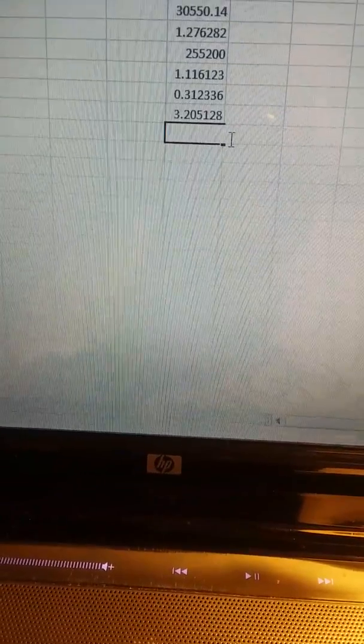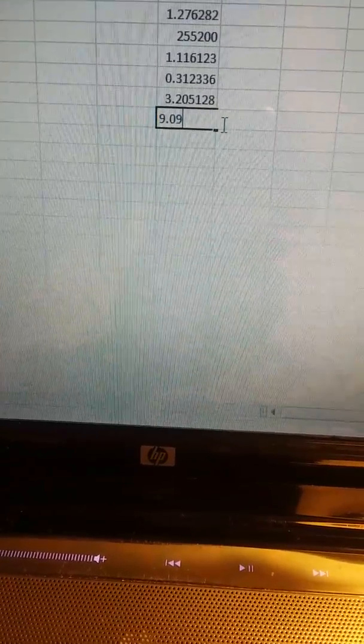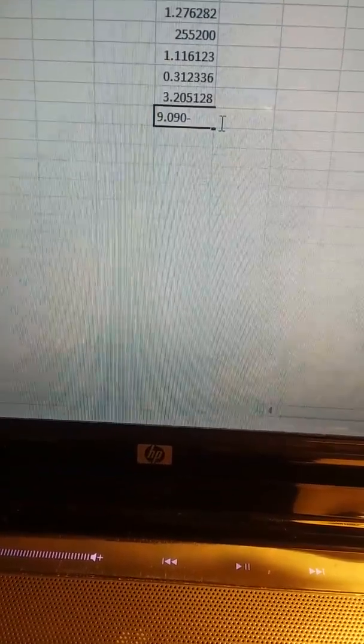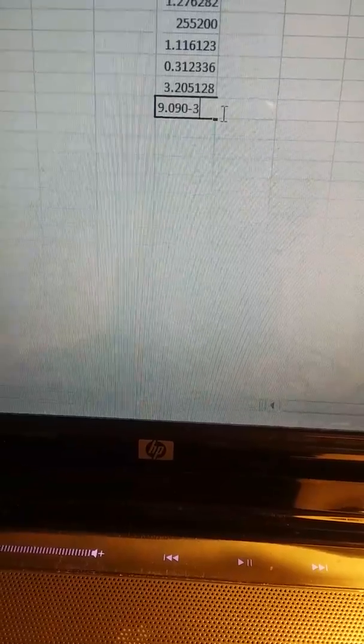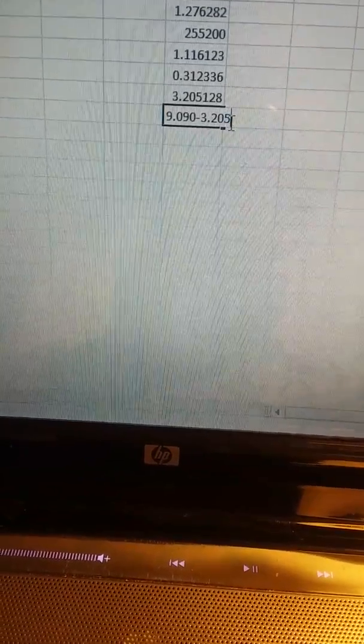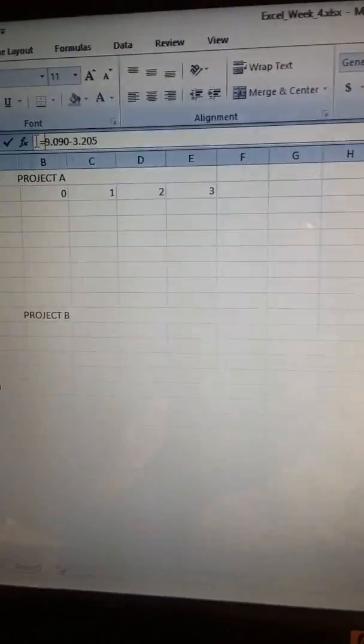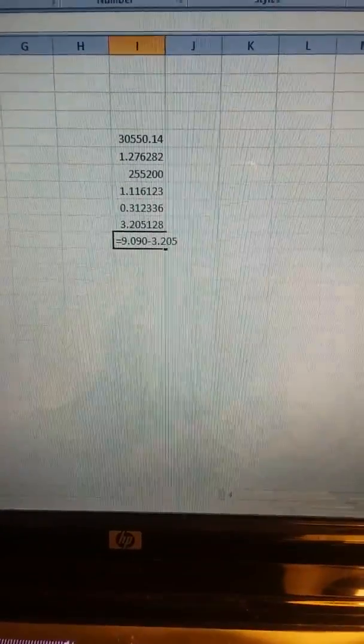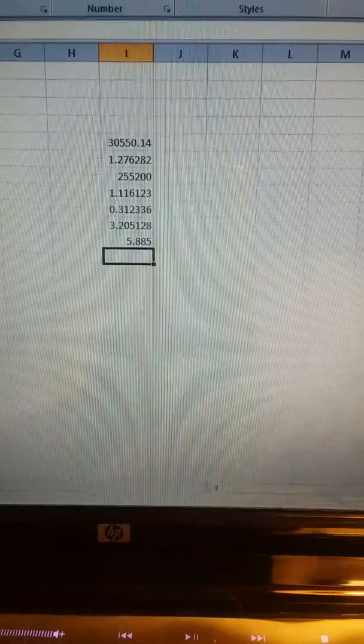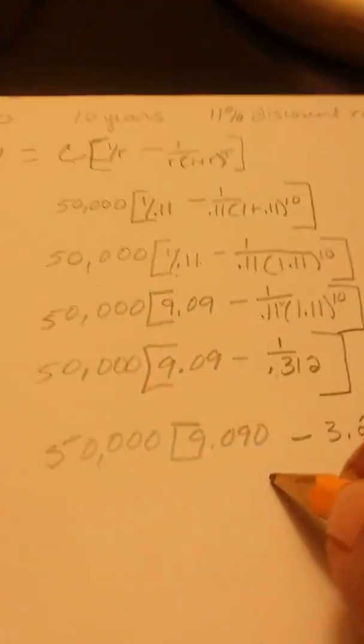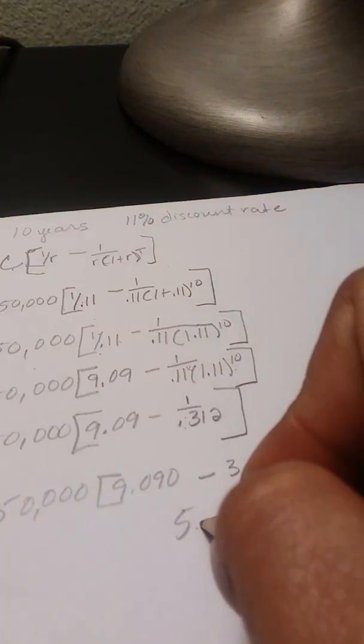We just go 9.090 minus 3.205. Probably want to go back up here and throw in our equals so that it actually gives us back a number, hopefully. 5.885. So 5.885 is what is actually called your annuity factor.